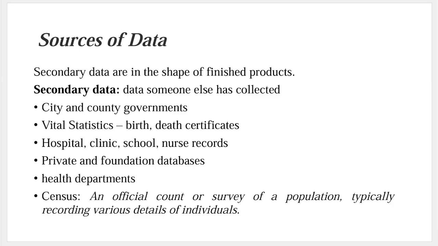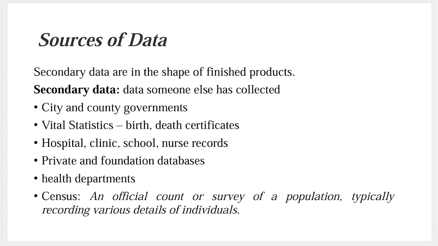Let's move to the second type of data source, secondary data. Secondary data refers to data that has already been collected by someone else for another purpose. It is usually available in the form of finished reports, databases, or records.